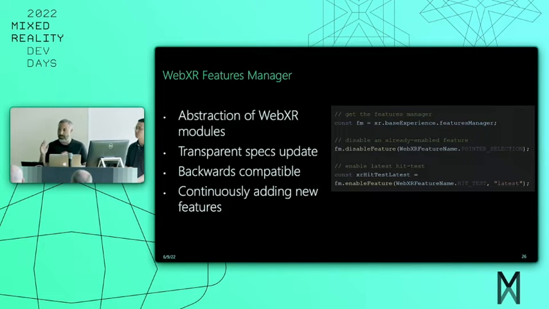Think about the features manager as a plugin system with versioning that allows you to load a specific WebXR module in a specific version to a specific browser. So you're still loading the hit test module, for example. The public API that you're going to use, the Babylon API, still stays the same, but the WebXR implementation under the hood updates for you.